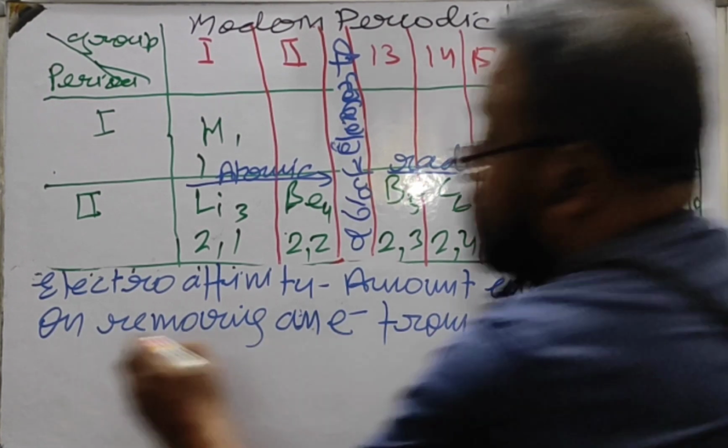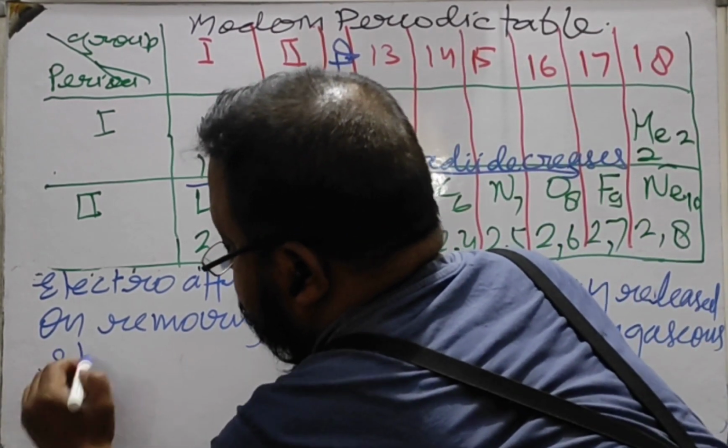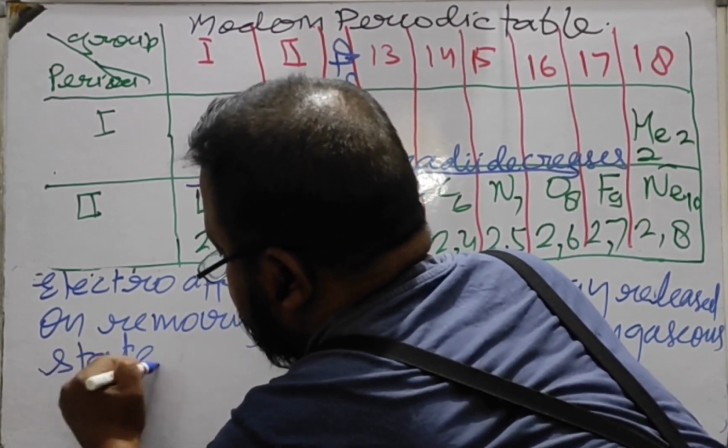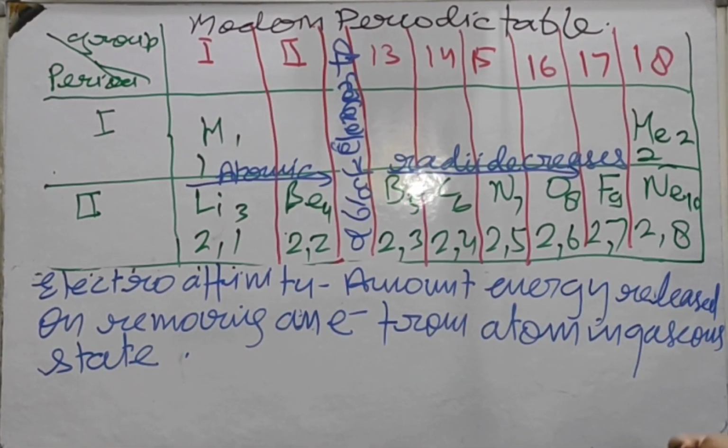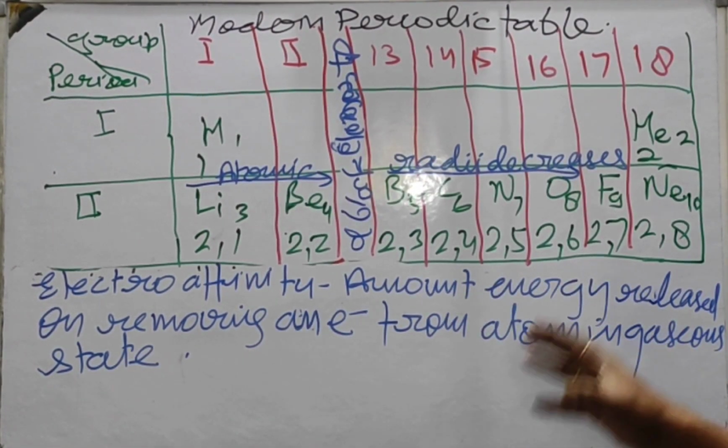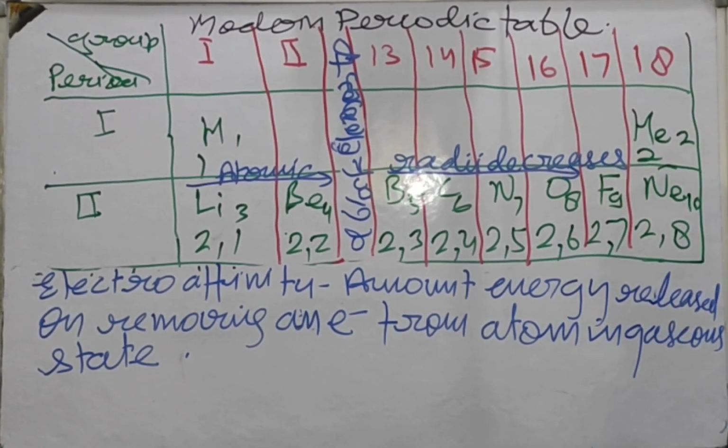Gaseous state, right? So what happened? Amount of energy released on removing an electron from an atom in gaseous state.